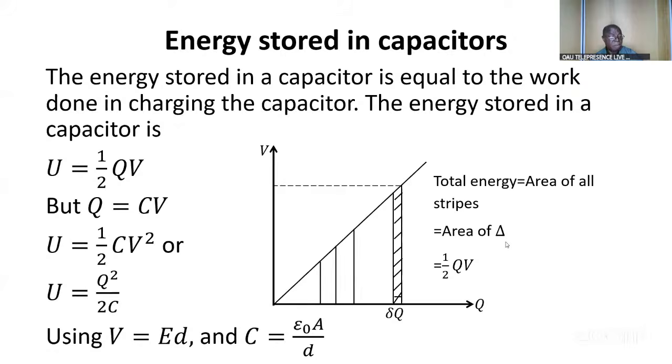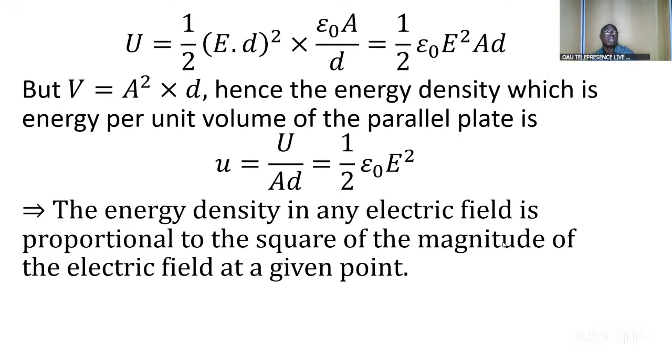Since V is equal to ED, where you have U is equal to half QV, you can put ED, and you can also put C is equal to that. So that is why you are having this equation. It depends on the way, so that you can easily calculate the energy stored in terms of the electric field.